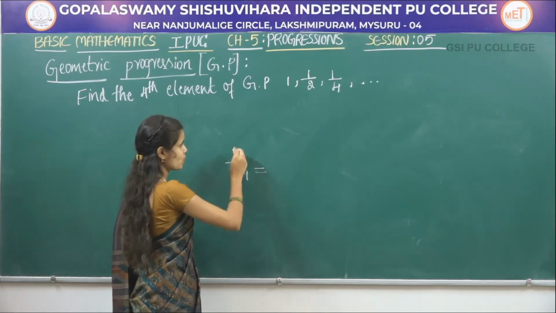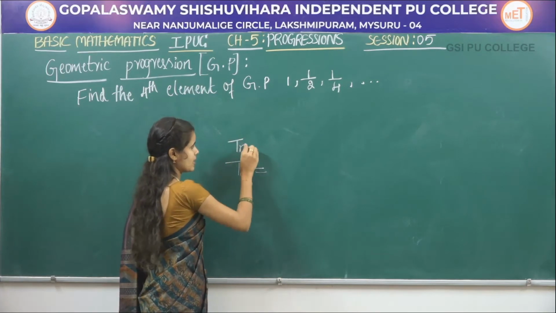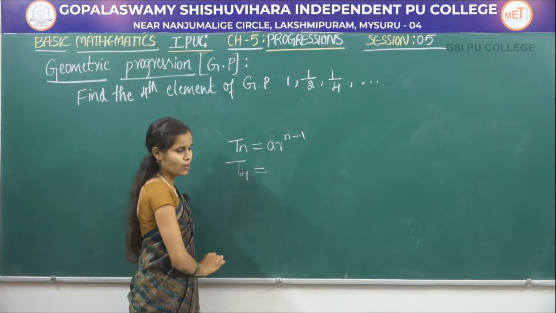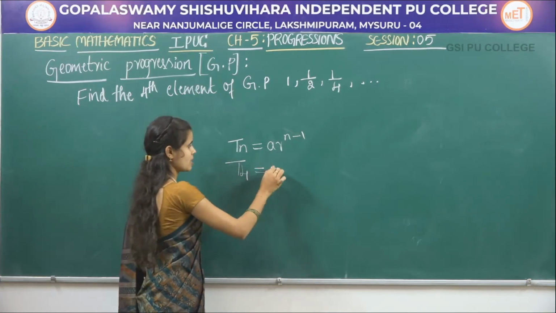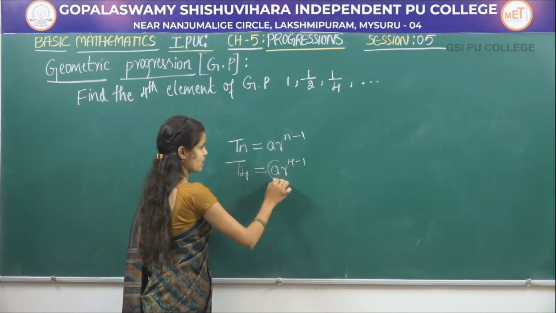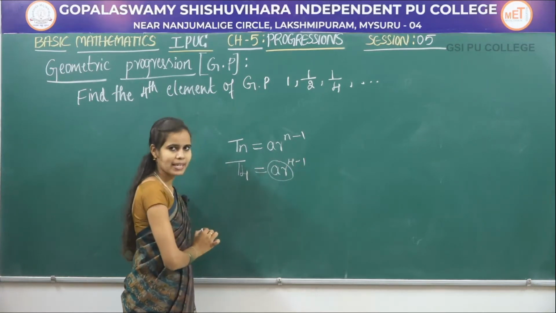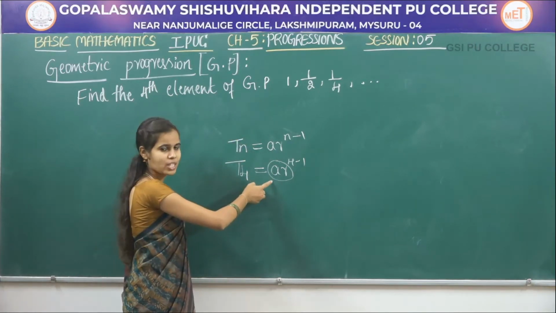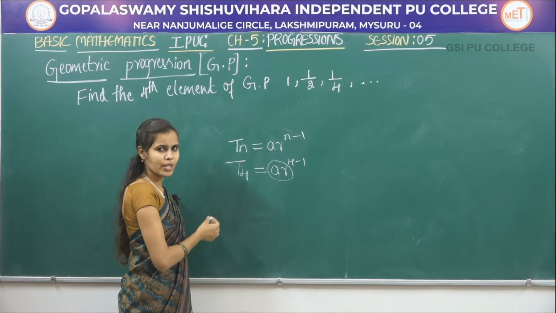We know the formula to find the nth term is Tn equals A R to the power of n minus 1. So for T4 we get A into R to the power of 4 minus 1. First let us find the values of A and R using the given sequence. A means the first term, R is the common ratio.